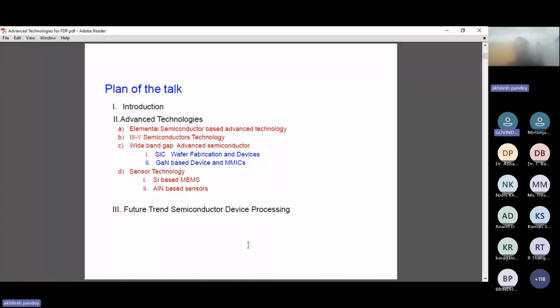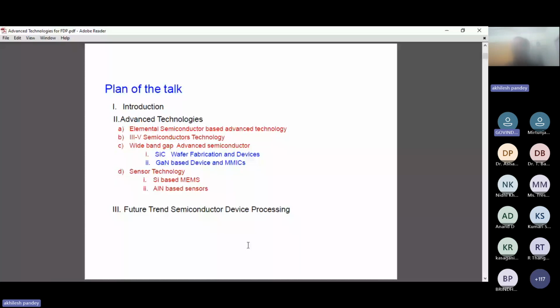Then I will go for the wide bandgap semiconductor, advanced semiconductor, in which I will explain about the silicon carbide wafer technology and wide gap semiconductor, silicon carbide as well as gallium nitride based devices and MICs.